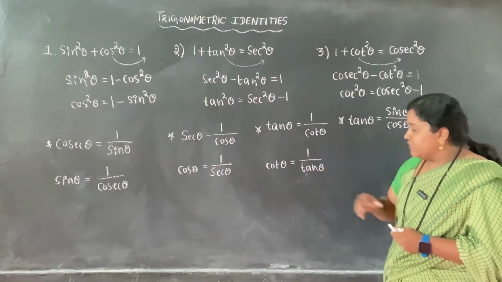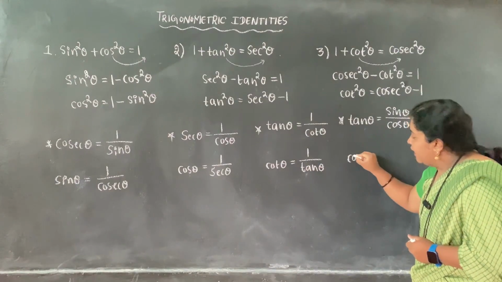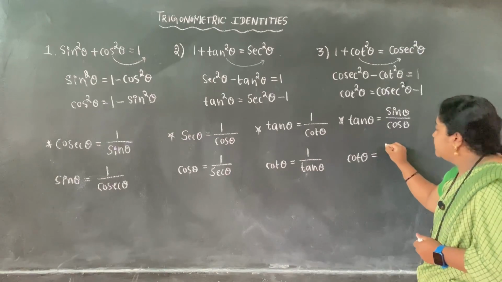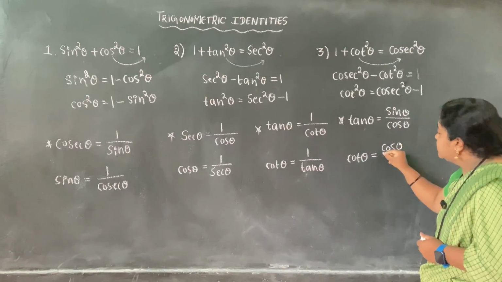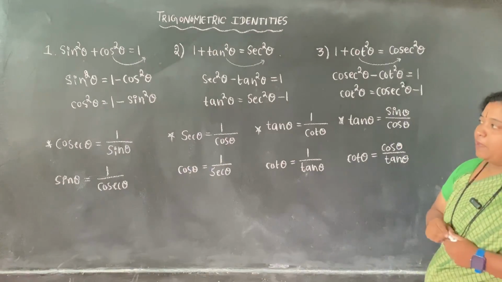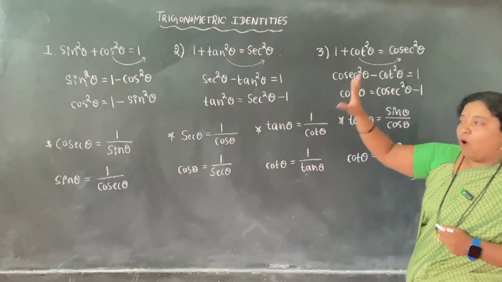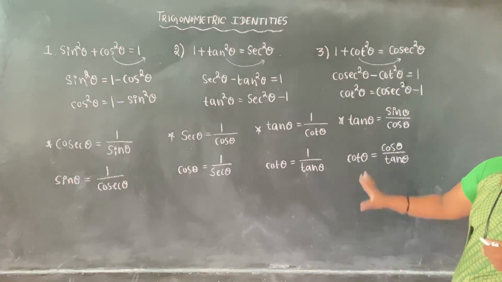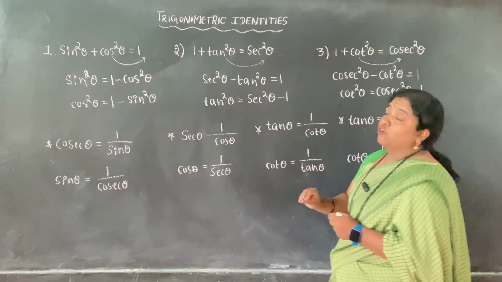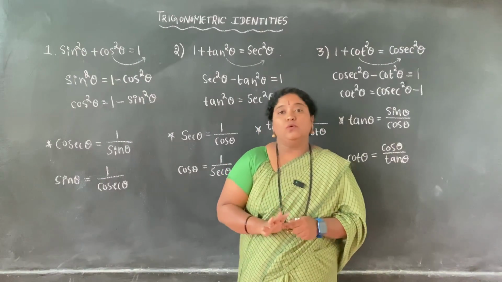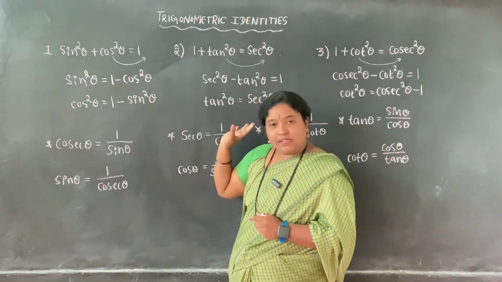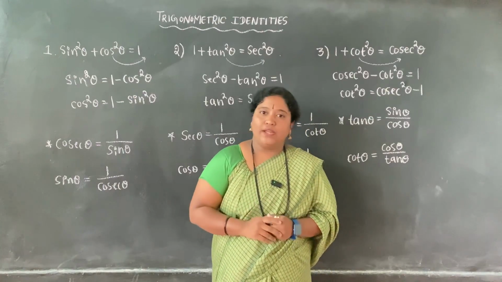If cot is the reciprocal of tan, then can I write cot theta as the reciprocal form? That is nothing but cos theta divided by sin theta. These formulas are very important to be remembered to solve the exercise related to 8.3. Understanding? Without these formulas, you cannot do anything.